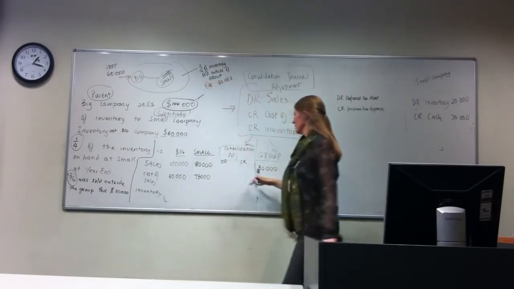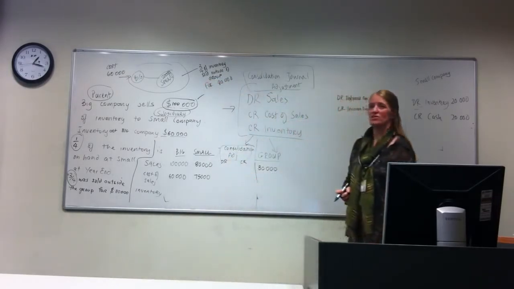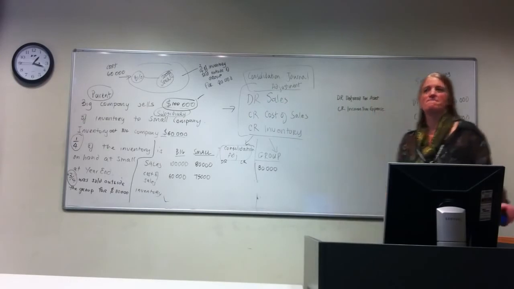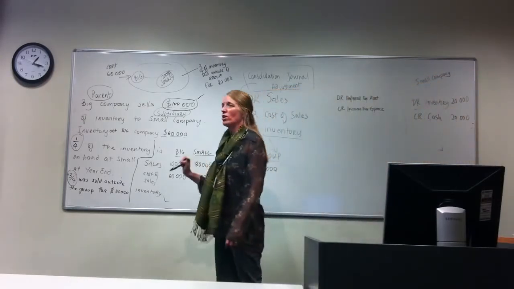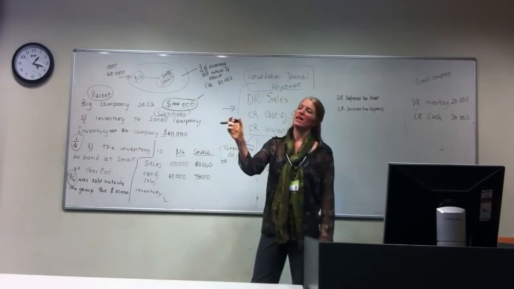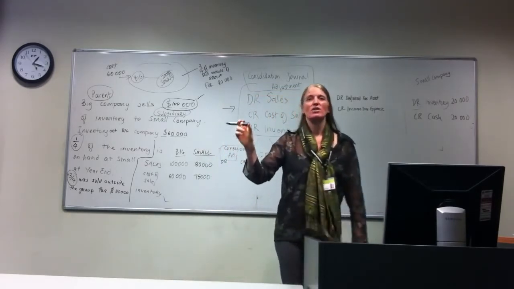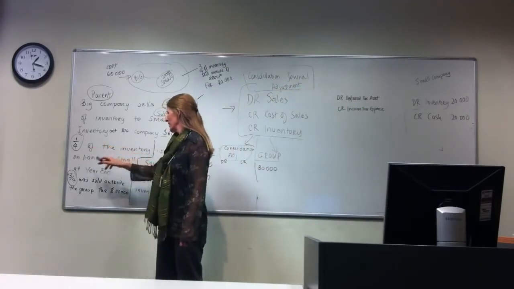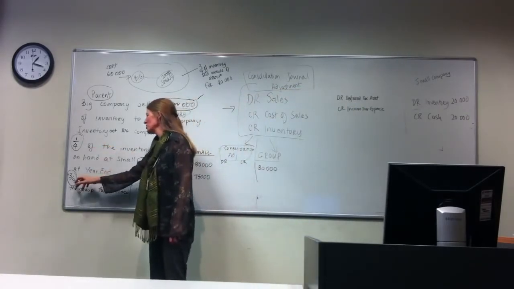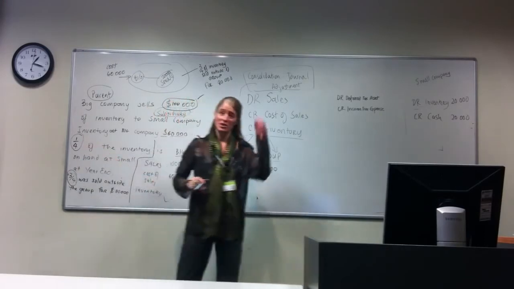Okay, cost of sales for the group. What should the cost of sales be for the group? 45. All that you do there is you say, what fraction have we sold outside of the group? We've sold 3/4. 3/4 is sold outside of the group, 1/4 is on hand.